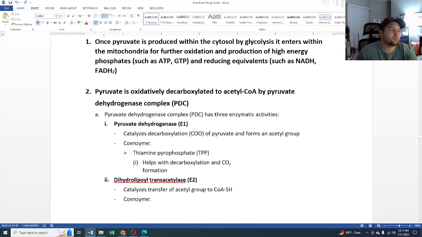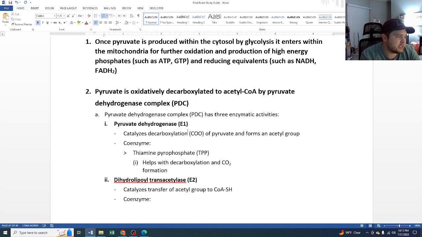The pyruvate dehydrogenase E1 catalyzes the decarboxylation of pyruvate and forms an acetyl group, releasing CO2. Again, it's pulling off a CO2, and that's one of the stages where we get CO2 during the creation of energy.